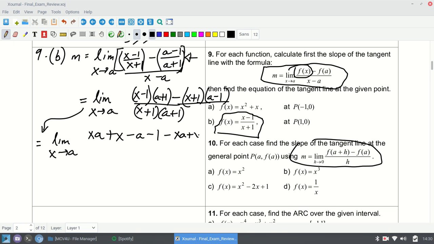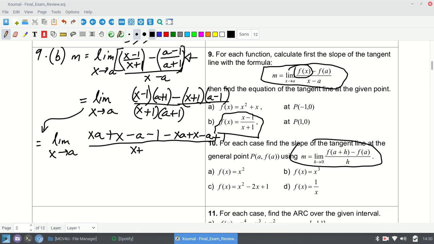Seems like there's not enough room here. a plus x, and then minus a. Minus a. Plus 1. And I think that's it.